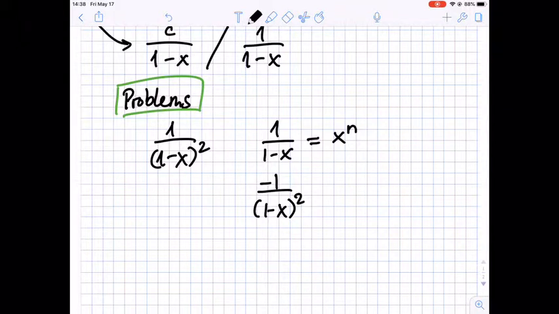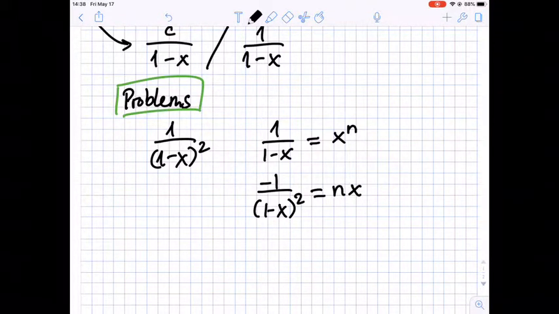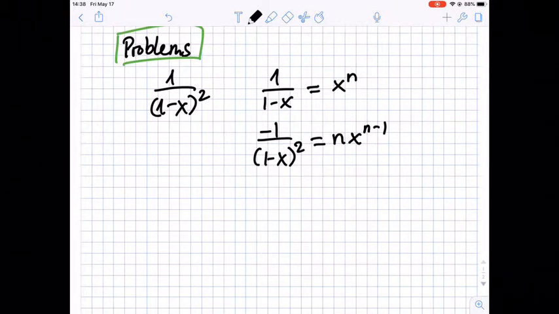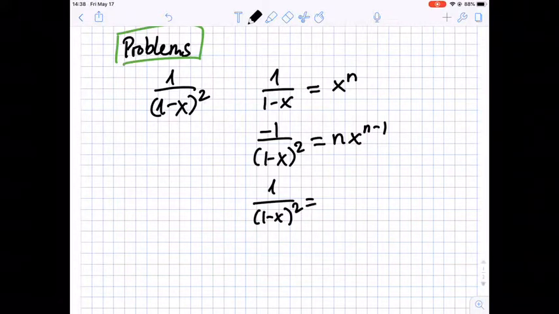And so we take the derivative of x to the n, which is n times x to the power of n minus 1. So 1 over 1 minus x squared equals the sum of n times x to the power of n minus 1.